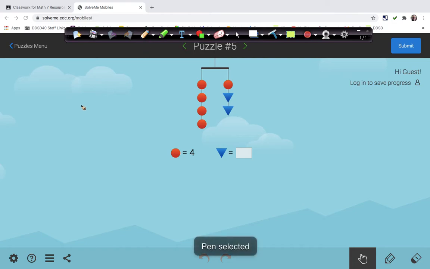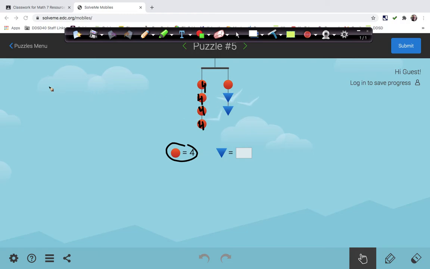If it's just a little bit too much for me to figure out by looking at it, let's see, these are 4. These are each worth 4. It says right there. So that's 16 is equal to, and there's a 4 right there.